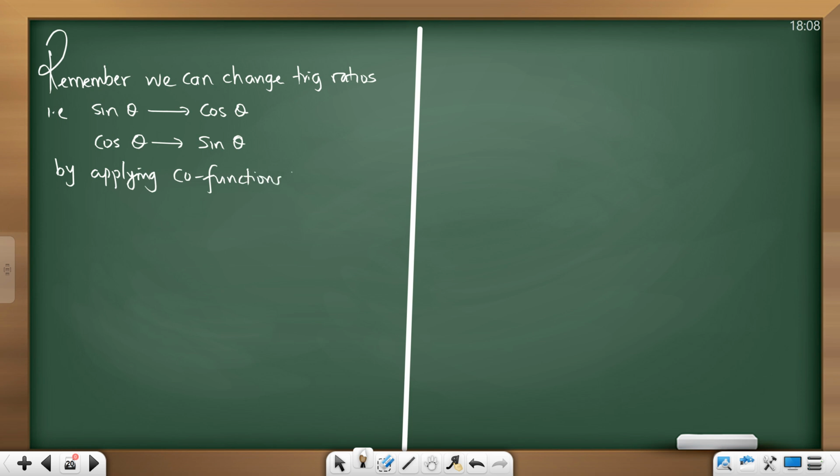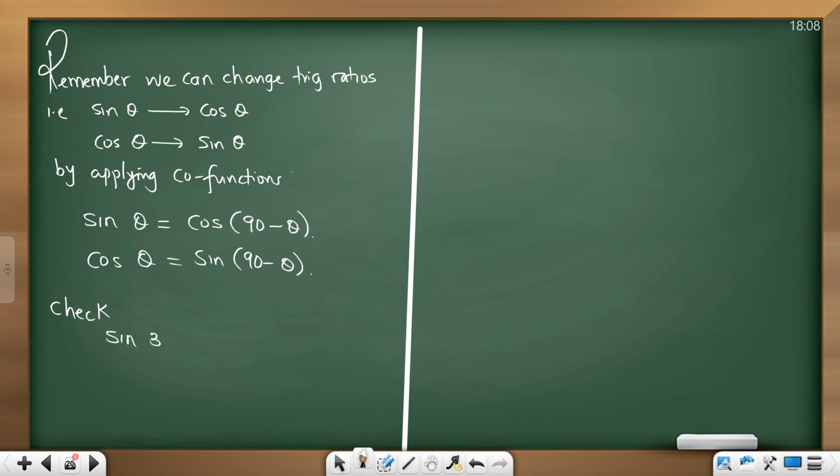And how do we do that? Once I change, it's going to be cos of 90 minus theta. Every time I want to change, I must bring in 90 minus. Cos 90 will be sine 90 minus.